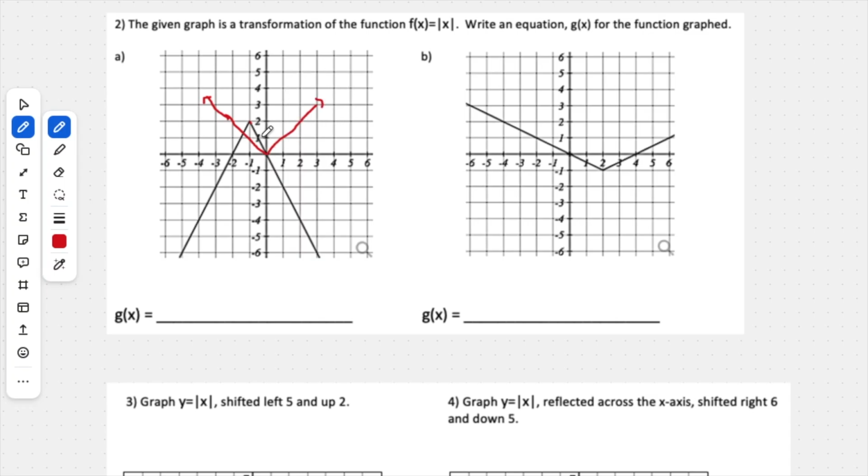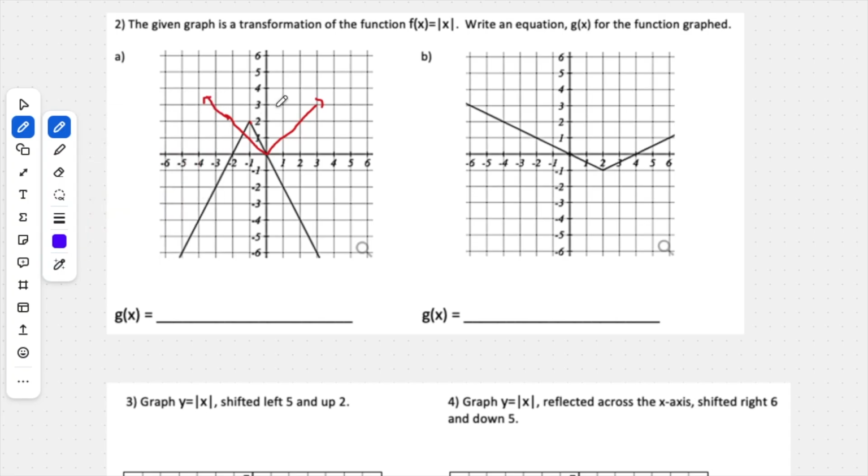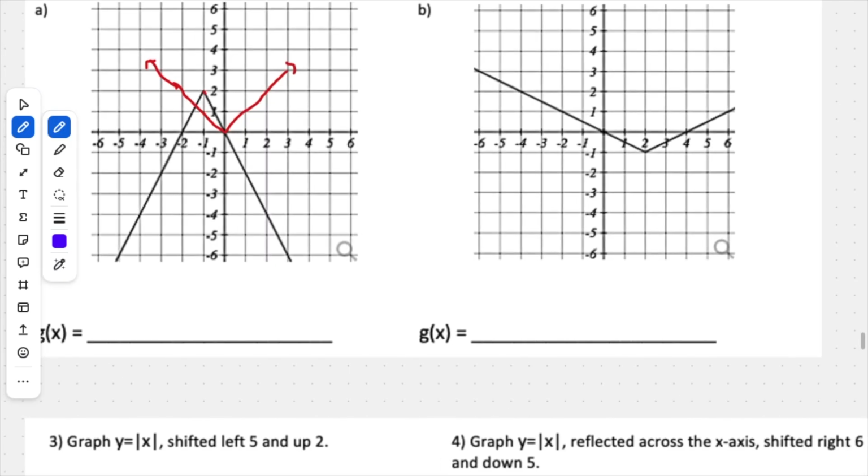For this one right here, if you notice, it's going over 1 and down 2. So that means there's a reflection and there's a stretch of 2, because it used to be when I put in 1, I would get out 1.